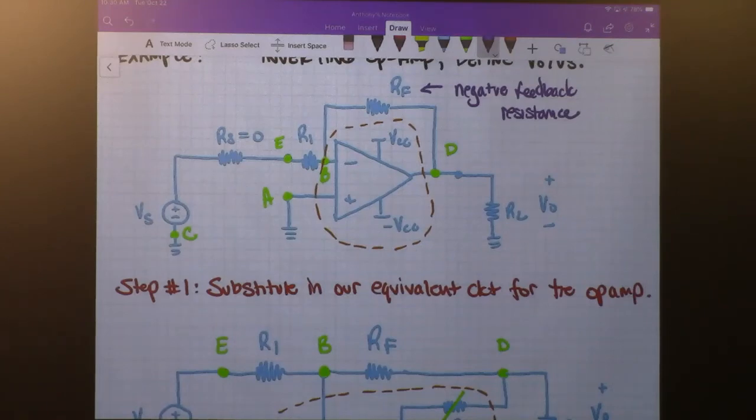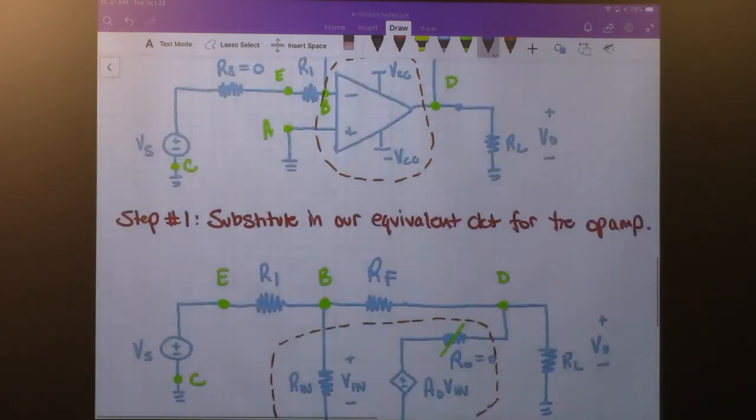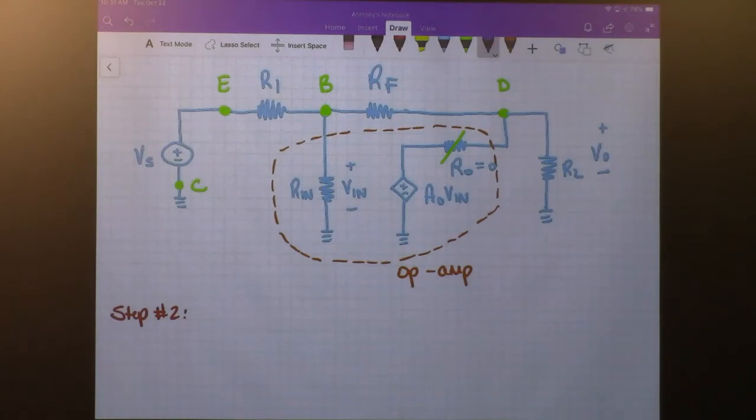And our open loop configuration is what's included inside of the orange dotted line. We took that and we replaced that with our equivalent circuit. And now what we're trying to do is solve for what the closed loop gain is going to be. All right. So next step.